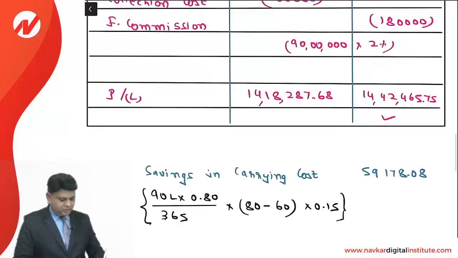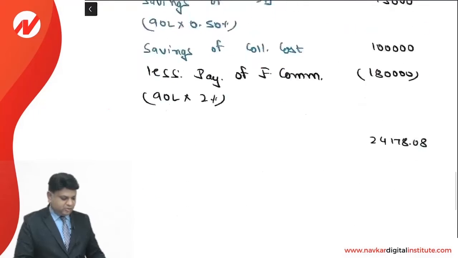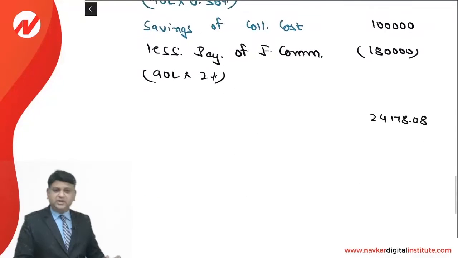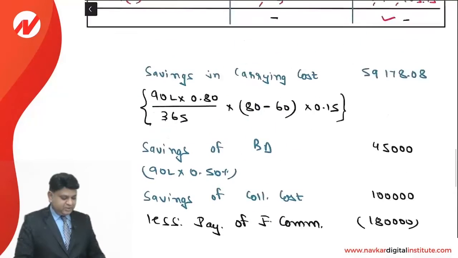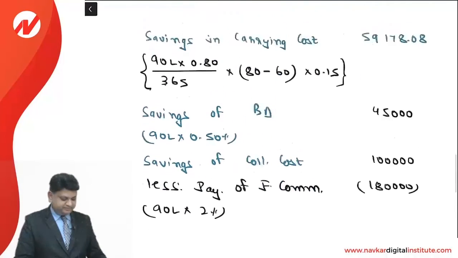And friends, if you compute the difference of these two, it will be exactly the same. Let us check the answer. 14,42,465.75 minus 14,18,287.68. So it comes to 24,178.07. So we can say that doing the answer by either method will reach the same conclusion, that the company should appoint the factor.